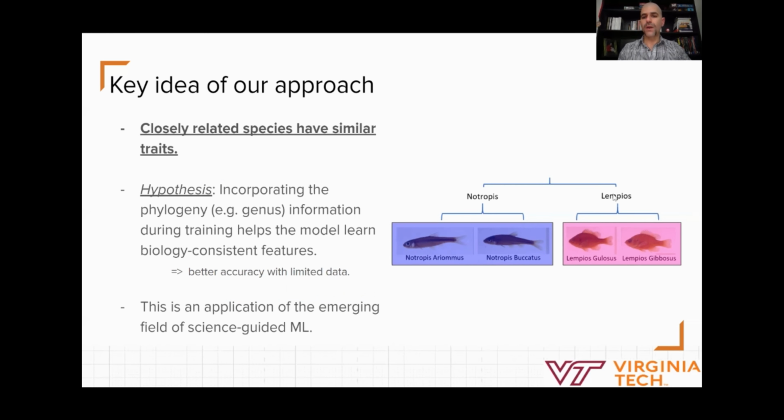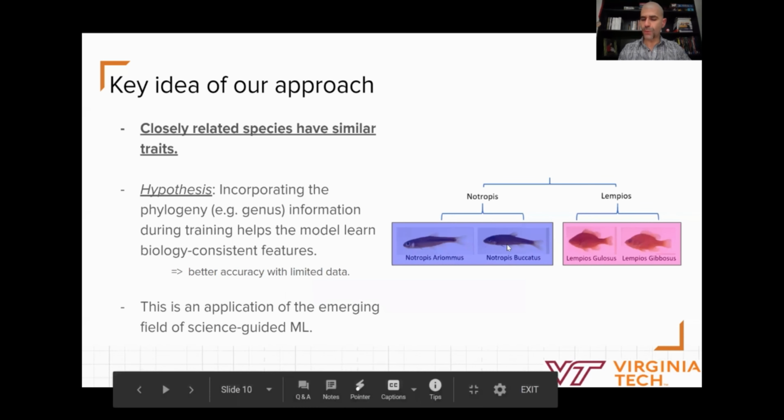Well, we looked at the tree of life, or the phylogeny, and we saw that species that belong to the same genus tend to exhibit similar traits. So we can see here for this genus, these two fish look more similar to each other than to these fish, and vice versa. So we thought, can we use this similarity to our advantage?